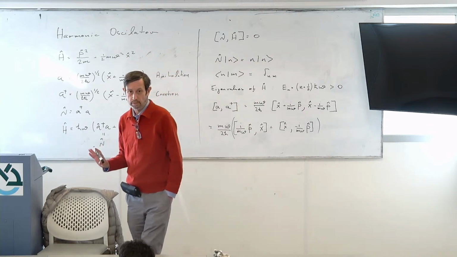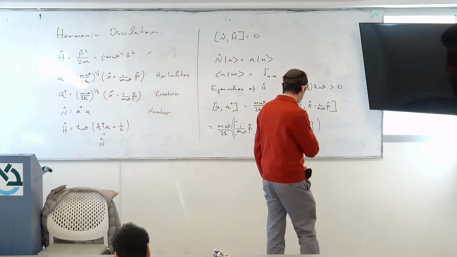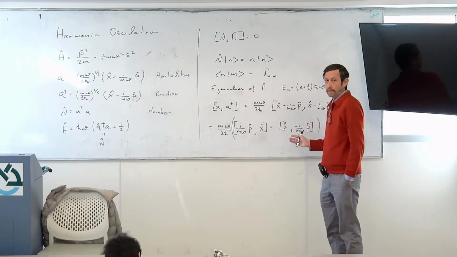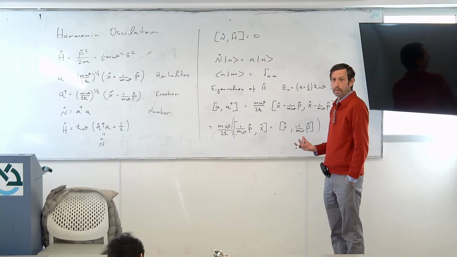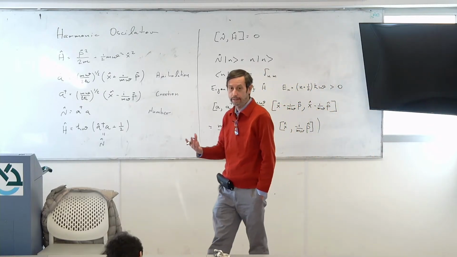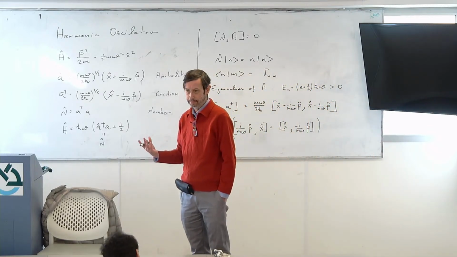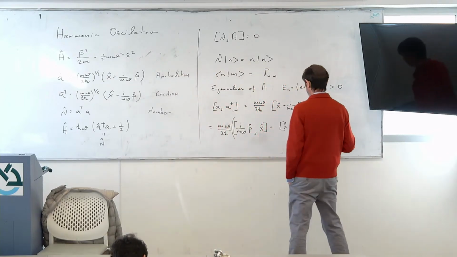I just wrote down the two terms that survive here, x and p. We have already calculated this commutation relation, it's i h bar.